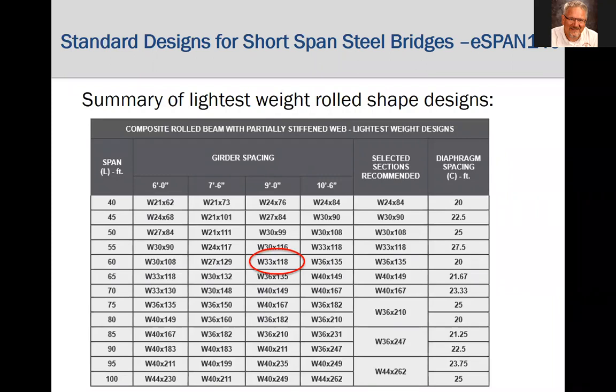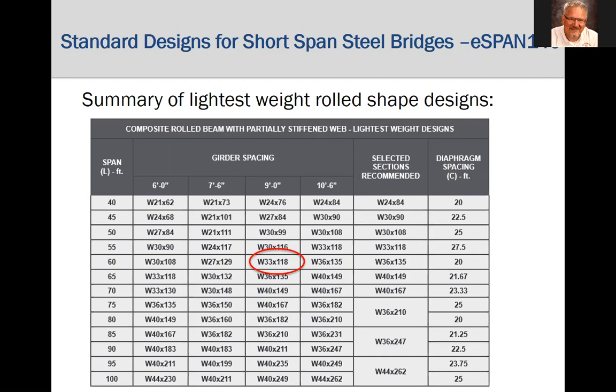eSpan 140 is not really design software. It is a lookup table for the bridge characteristics. Since the designs are standardized, any 60-foot long simple span bridge with a 9-foot girder spacing would result in the lightest weight rolled beam as a W33 by 116.